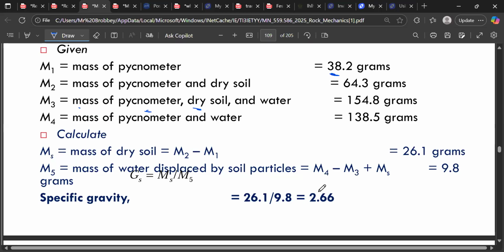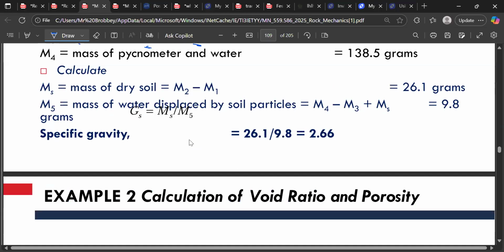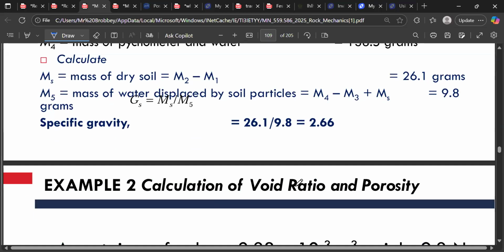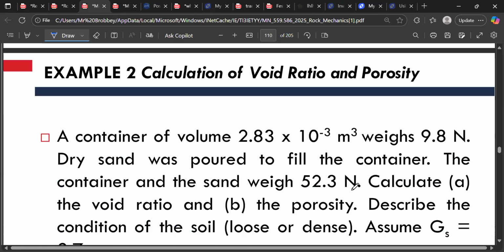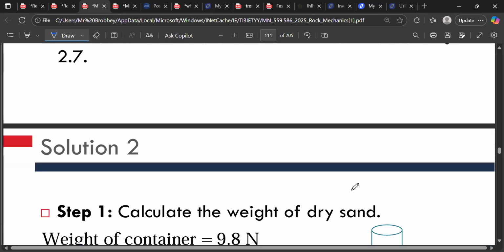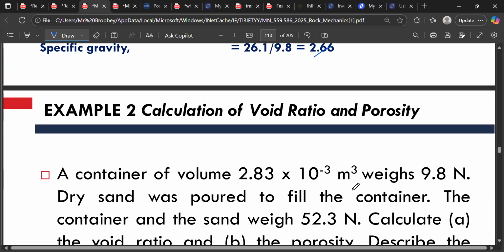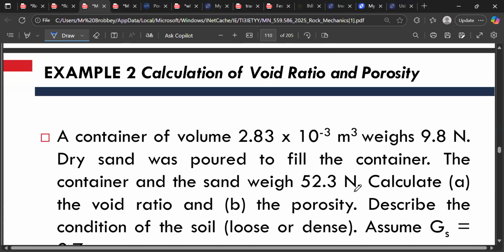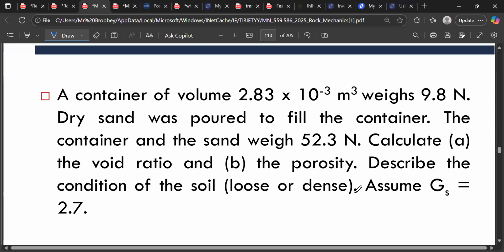Well noted. Right. So when you perform that calculation, you're going to get your specific gravity. Now we have another phase relation calculation on board here, and it reads like this.